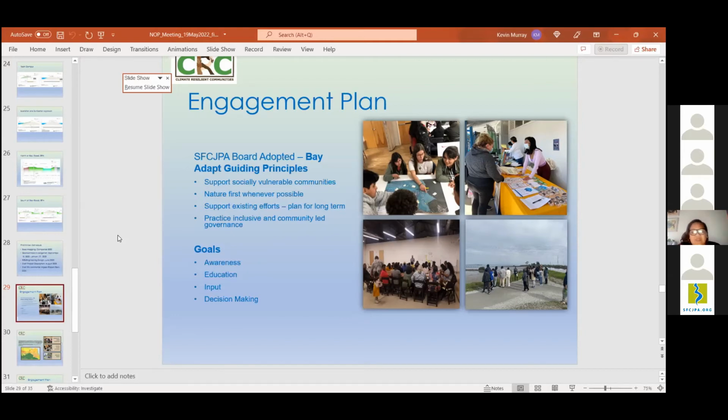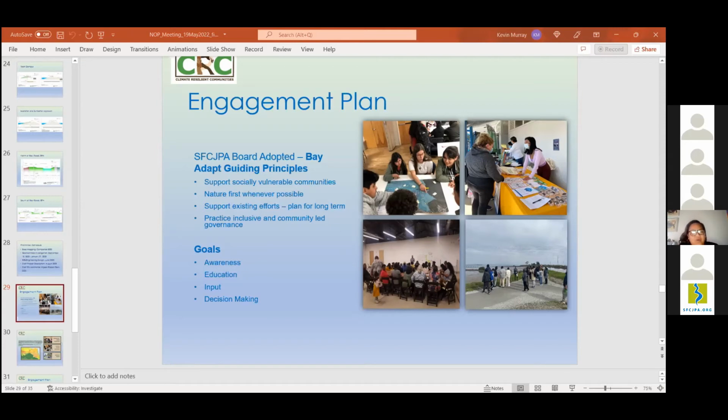In partnership with community organizations, such as Climate Resilient Communities and Nusta Casa, we have set specific goals for our engagement plan. First is to raise awareness. Stakeholders must be aware of the Safer Bay project and the CEQA and NEPA process. Second, education, to understand the need for the project.